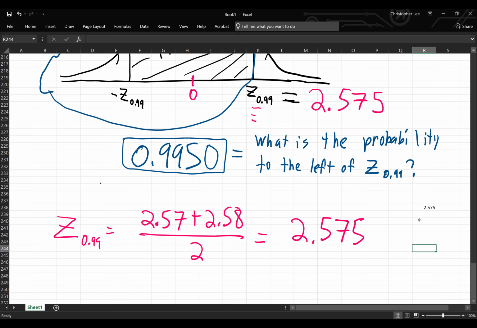Remember, the 0.99 is what's in the middle. How would I write that down? Write Z for 0.99 equals 2.575.